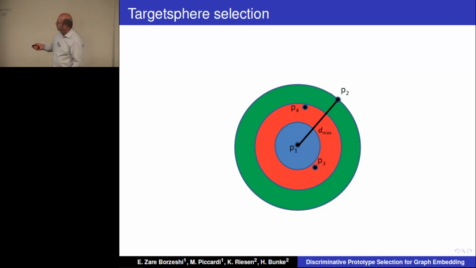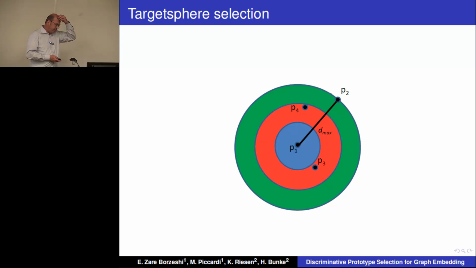For the next circle, you will look for a prototype P4 that is somewhere close to this circle, and maybe this one. So you will pick the prototype that is as close as possible to a nominated distance that increases proportionally to the distance between the center and the periphery. Again, what's the principle? Spacing apart in terms of distances, and hoping that that will turn, again, somehow discriminative.